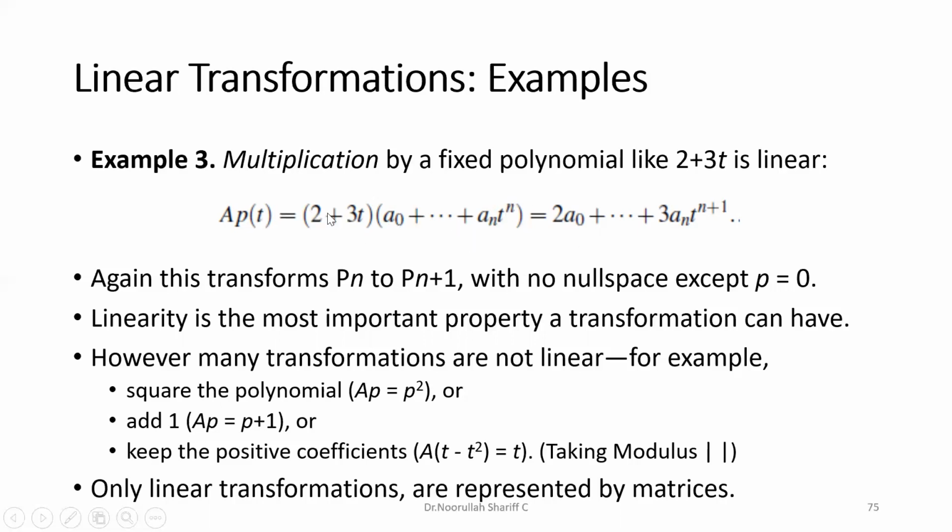Now we will have 2 times A naught, that is 2 multiplied with all this, and then 3t multiplied by all this, and then we can club the terms corresponding to the coefficient of the constant, then the coefficient of t, then the coefficient of t squared, and so on. Then you get the first term to be 2 A naught, and so on, and the last term to be 3 An t to the power of n plus 1.